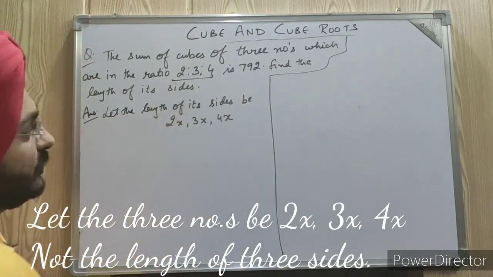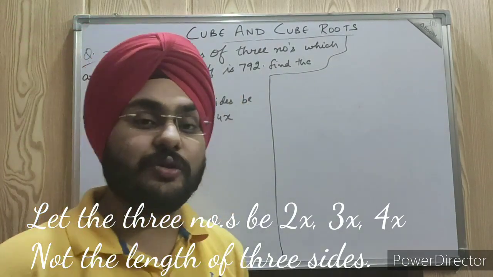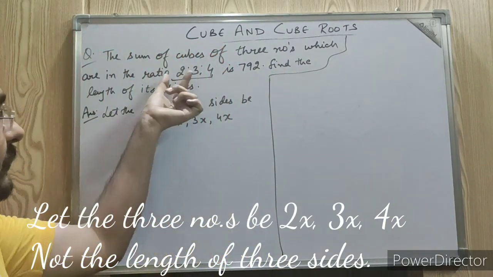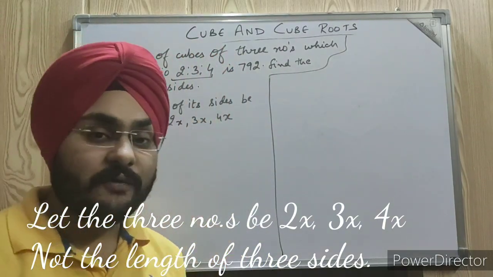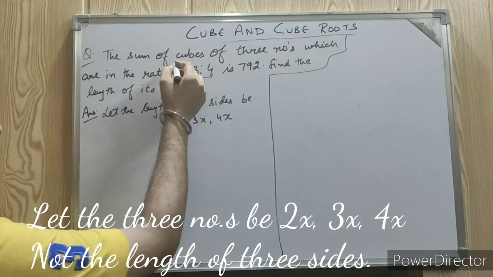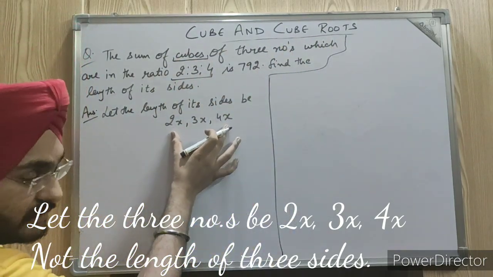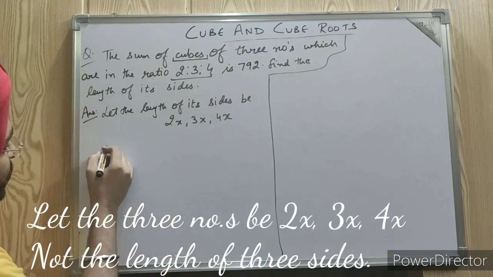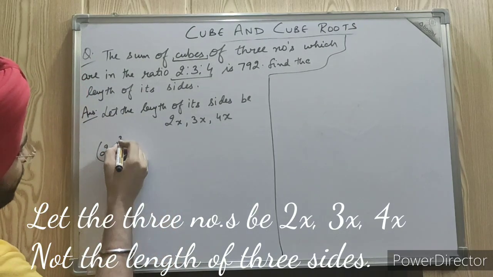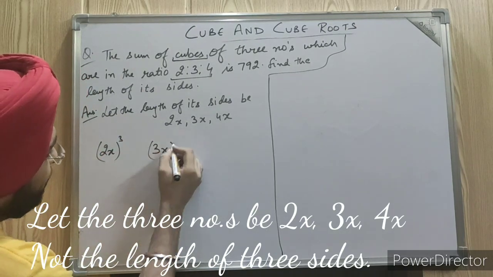Since we have been given 2:3:4, let the common ratio be x, and the sides will be 2x, 3x and 4x. Now he's saying the cubes of three numbers. Basically the three numbers are 2x, 3x and 4x. We have to find the cubes of the three numbers now. So can I write in this way?